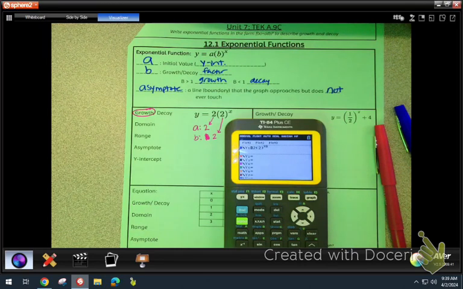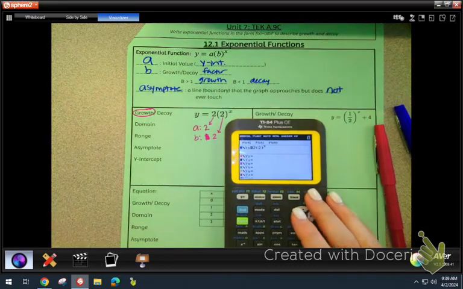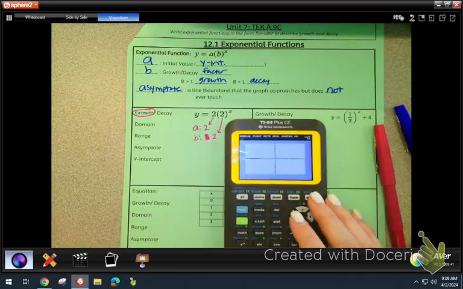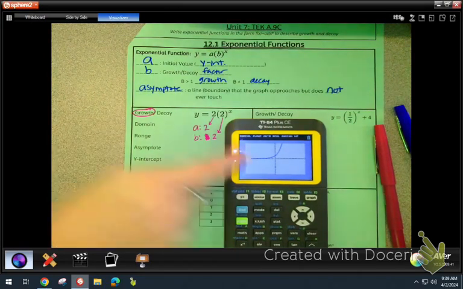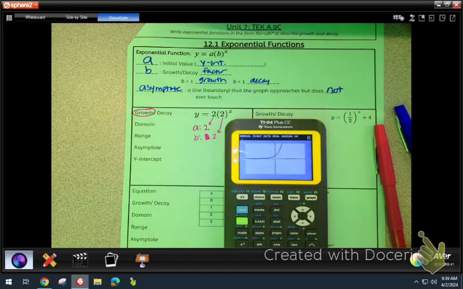And make sure x is an exponent. You should be doing the little caret. You can hit graph and look at the graph, or you could also look at the table. I see the graph is going up. Okay, so I want you to have the graph that's on my screen. Second, it's supposed to be to the x.